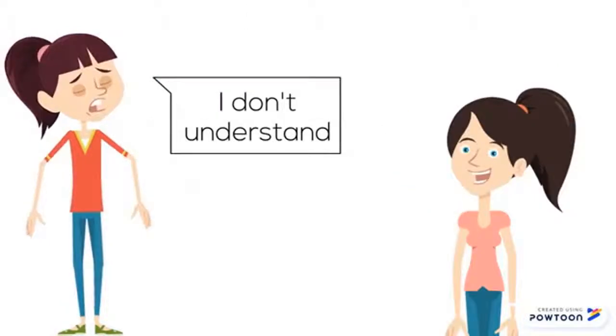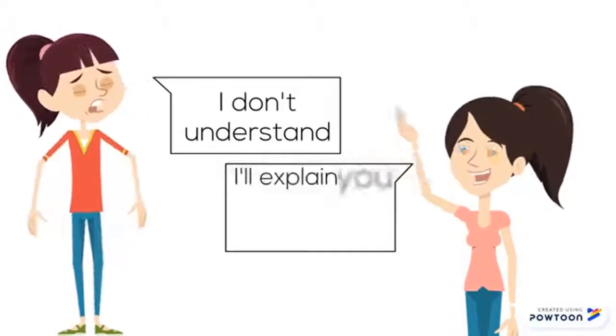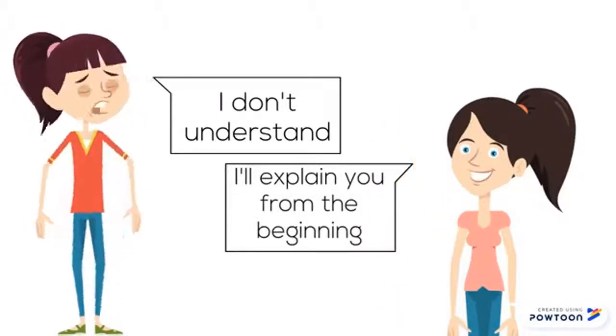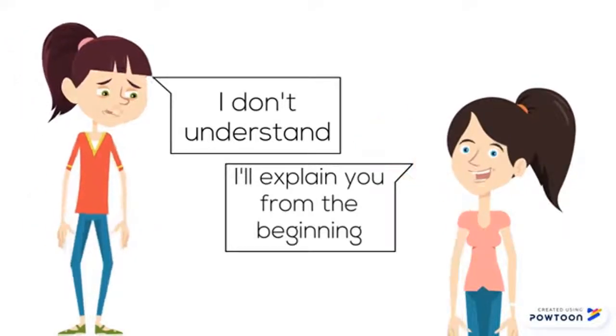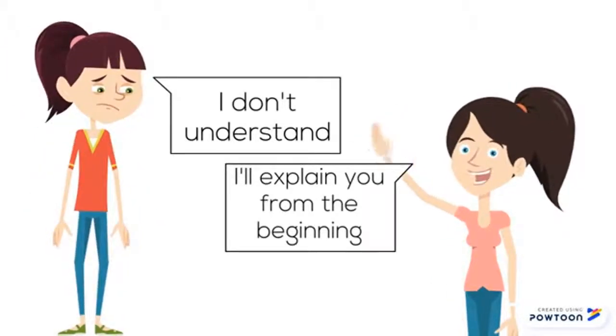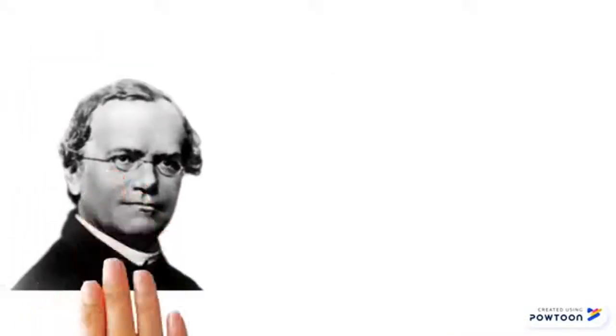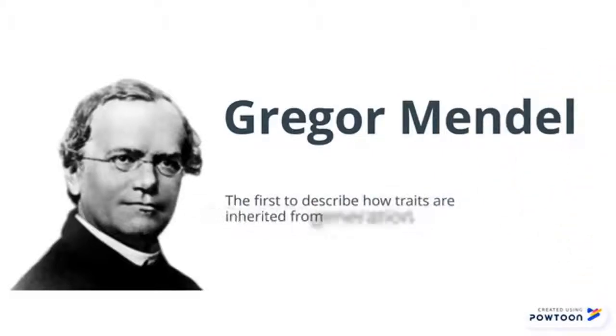To better understand this information, and why we need it, we need to understand how this science has evolved since the beginning. We have certainly heard the name Gregor Mendel. Gregor Mendel was the Austrian monk considered the father of genetics. He lived from 1822 to 1884 and was the first person to describe how traits are inherited from one generation to another.